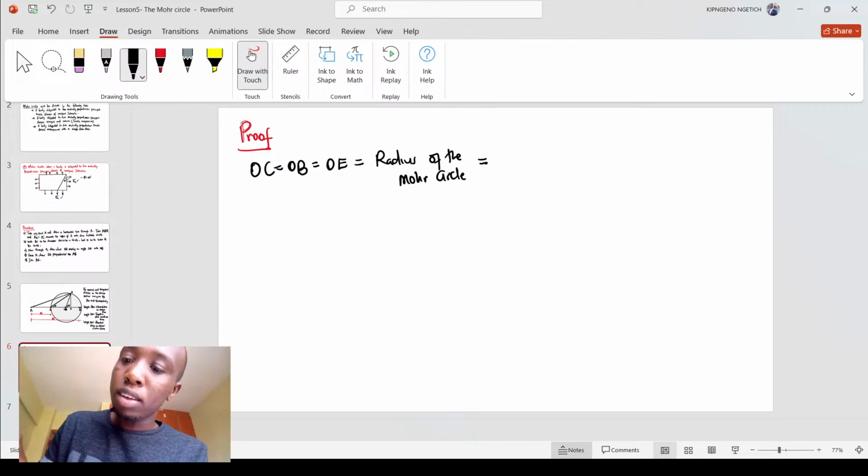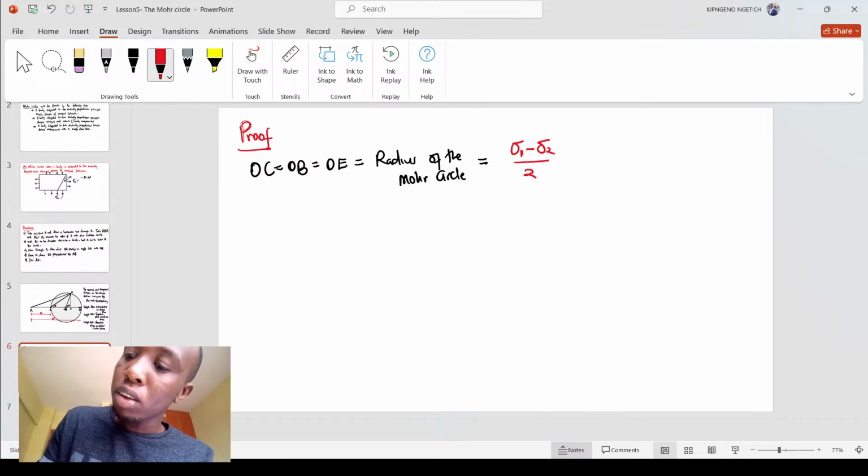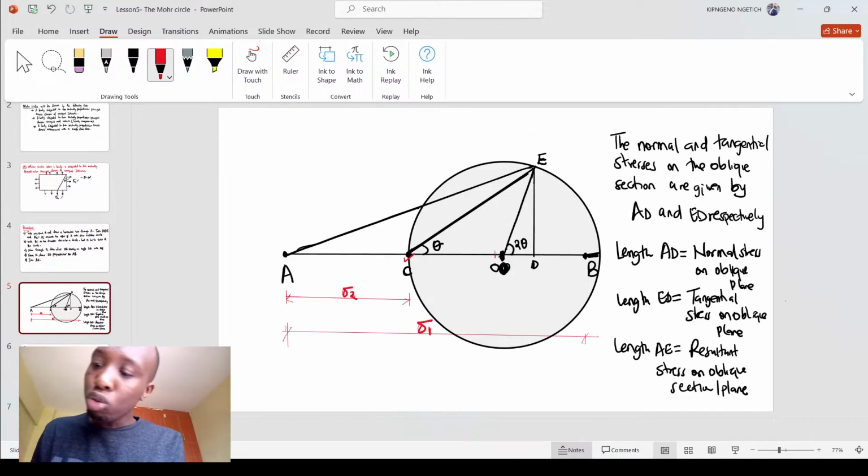So we can say that the radius will therefore be stress 1 minus stress 2, and because we want the radius, it will be divided by 2. Now, if you want to obtain OA, how will you obtain OA or AO?